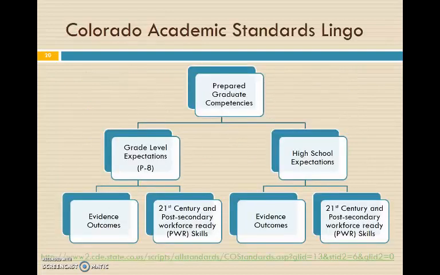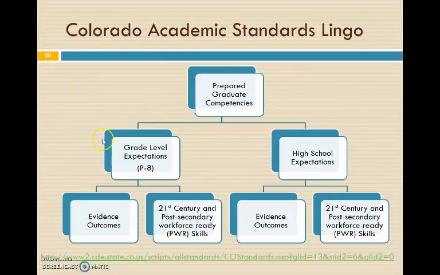Okay, so this is the last mention of Colorado I will give, but as you see here, there's a link at the bottom, and you can again just Google CDE, Colorado Academic Standards, to see this. But what we see here is they've got their whole other set of names for these things. But the idea is we've got prepared graduate competencies up here, and you can think of that like the anchor standards.